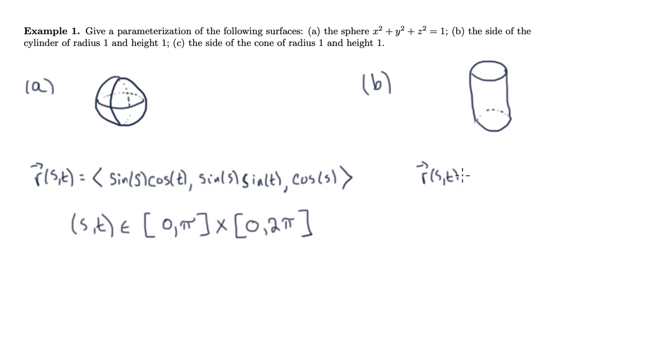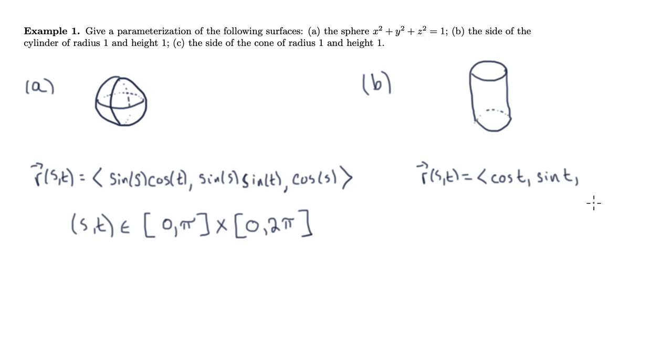what does that mean? Well, the x component I can just say is cosine of t. And notice that it doesn't matter which parameter I put where. I could have used s for the angle along the unit circle, but I'm just using t, it doesn't matter. And so y, I want to be sine t.